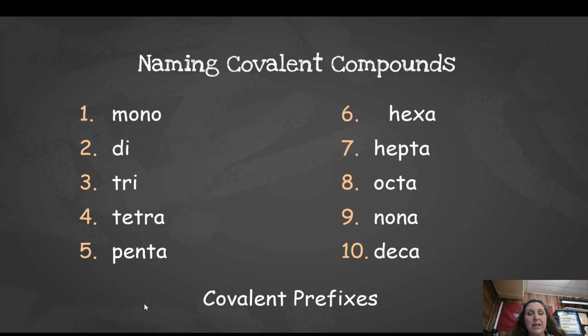If there's only one, we just leave that. So how would I name water, H2O? Well, I would say hydrogen oxide, and then I would go back and say there's two hydrogen, so dihydrogen oxide is water.